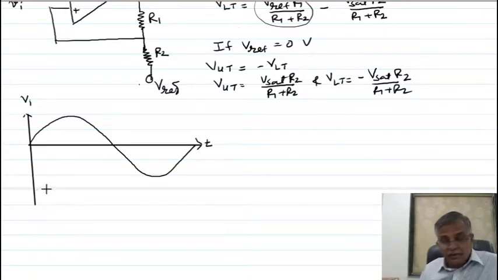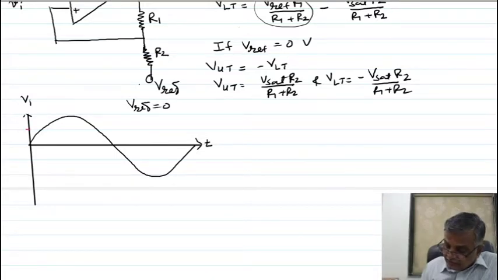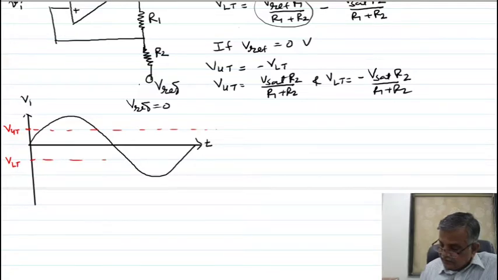Now, if I am keeping V reference 0, let me say VUT is this positive and this is your VLT. For this circuit diagram, with V reference 0 volt, this is VUT, this is your VLT, and the corresponding output waveform I am showing you.